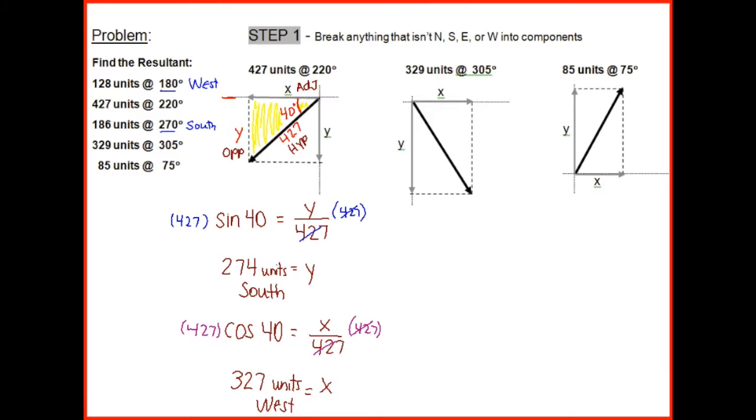You did this on your quiz. So I'm going to quickly go through these other 2. Remember, you could pick the other triangle. We're still going to get the same 2 components. I did the bottom triangle. Straight down to 270, so I know 305 is 35 more degrees.